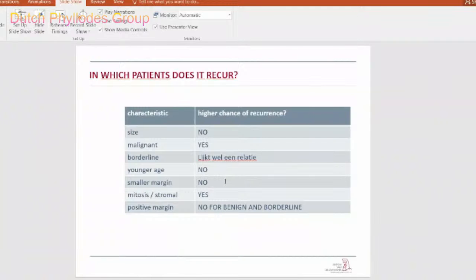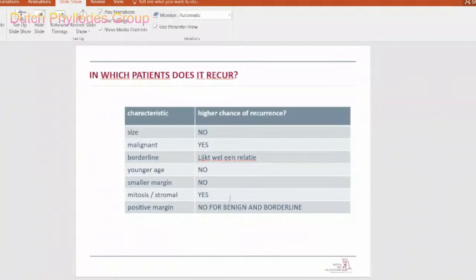More importantly, what we know now is that the margin width does not influence the chances of recurrence. So even if you resect it with a small margin, there's not an increased chance of a recurrence.